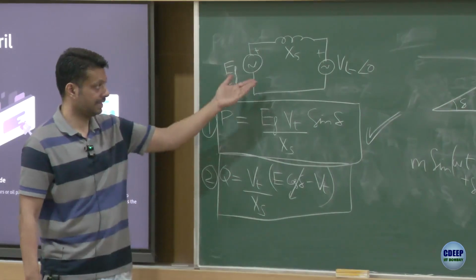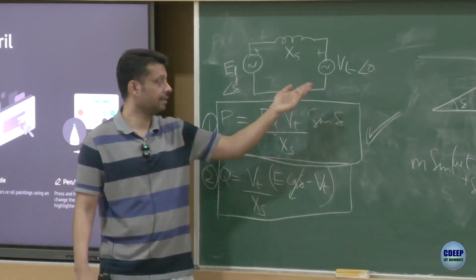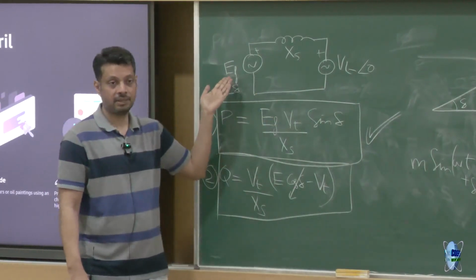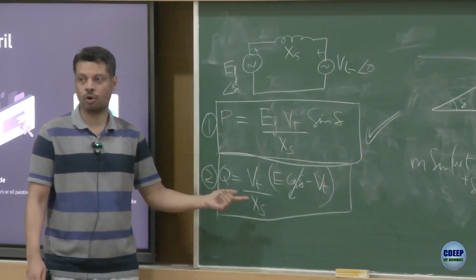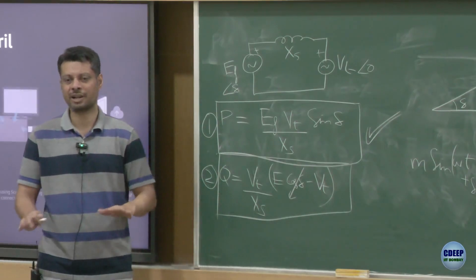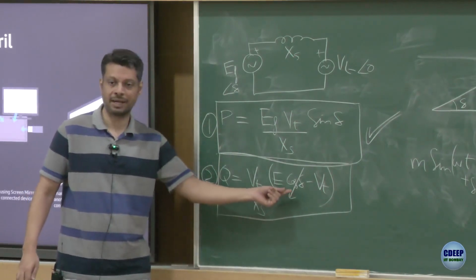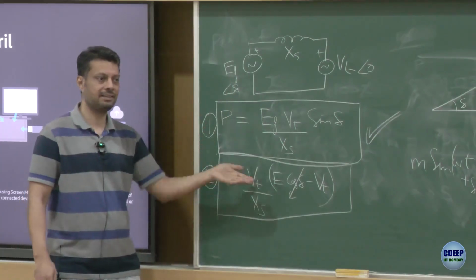If Vt is the infinite bus, you do not have any control over Vt, but you can change Ef. If you make Ef equal to Vt, Q is almost 0. Ideally 0; in real life it may not be exactly 0 because cos delta is not exactly 1, and the line is not pure Xs, there is a small r also.